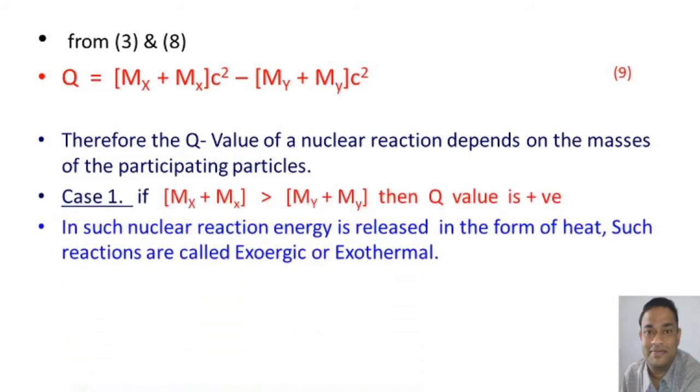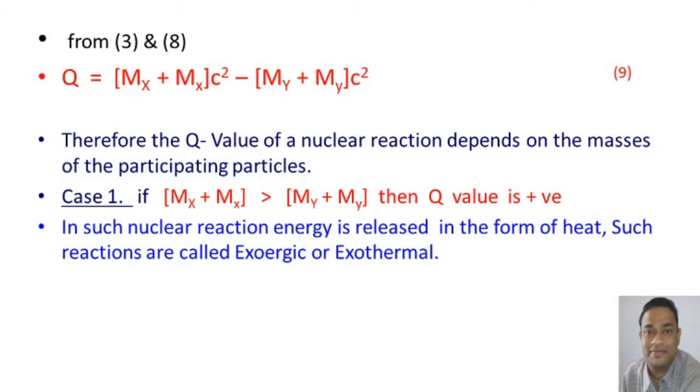Now see case 1. If the initial mass, that is the mass of the target nuclei and the projectile, is greater than the mass of the product nuclei and the product particle, then from expression number 9 we see that the Q value will be positive.